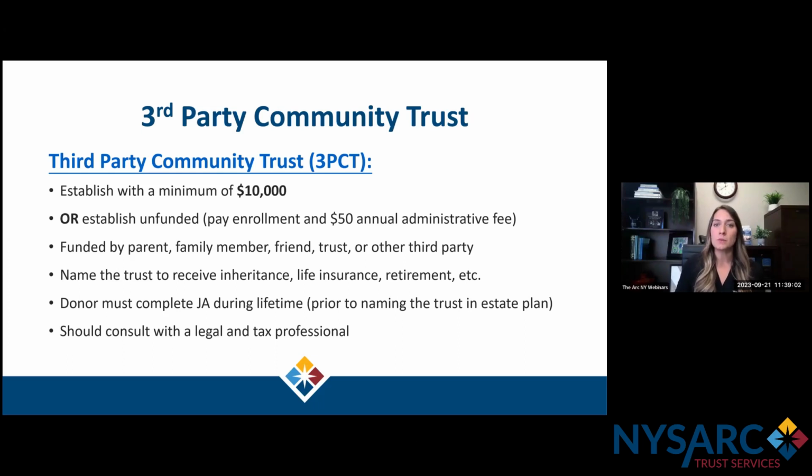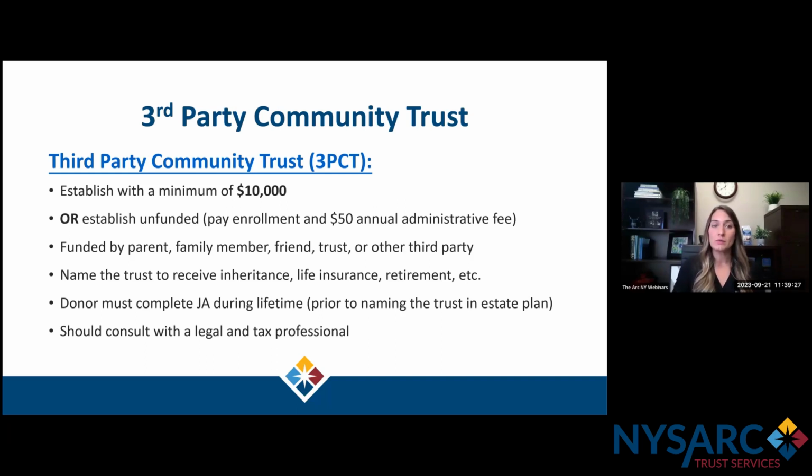So most commonly, this is named as the recipient of a person's inheritance or life insurance policy, generally funded upon the death of the donor. The donor does need to complete a joinder agreement during their lifetime prior to putting it in their estate plan, or they need to authorize someone to execute that on their behalf.